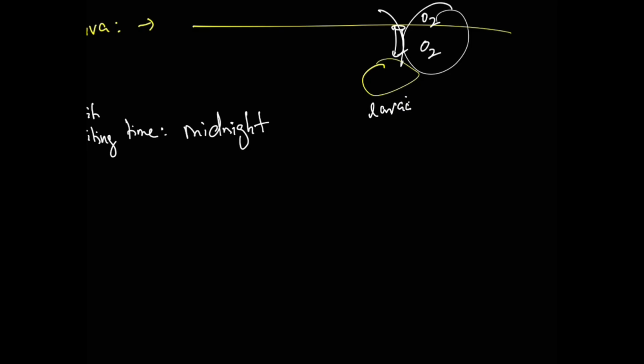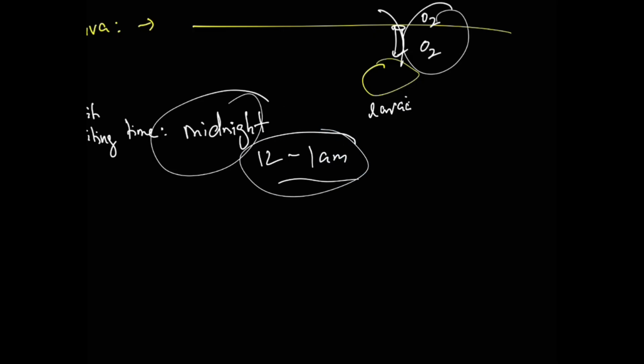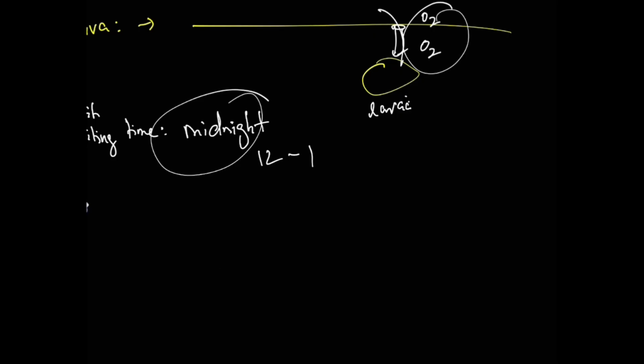Coming to peak biting time, it will be at midnight, around 12 or 1 o'clock. This is the peak biting time of Culex. The bite will be either a stingy or burning type of bite.